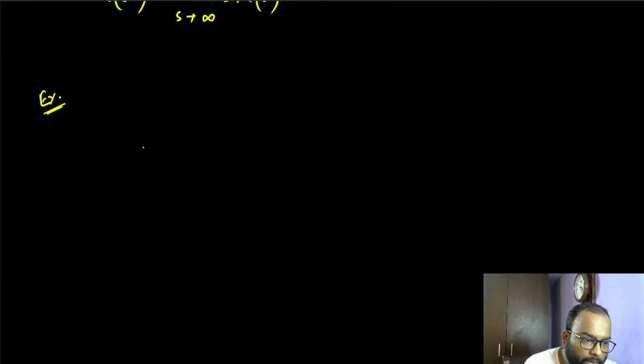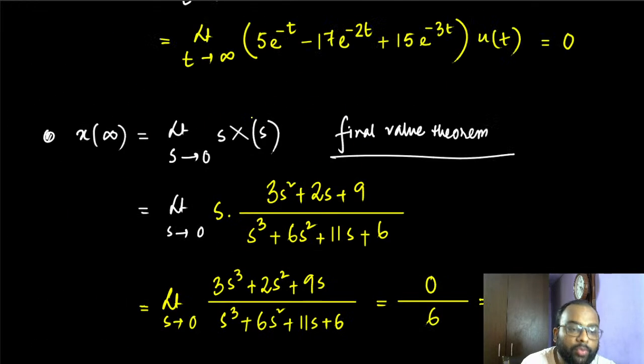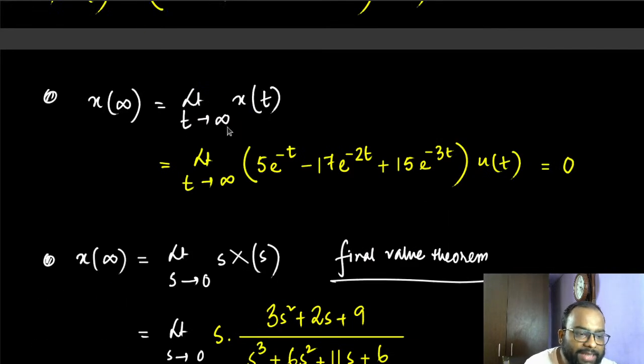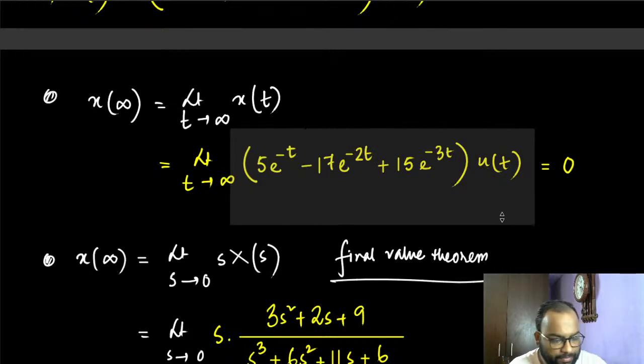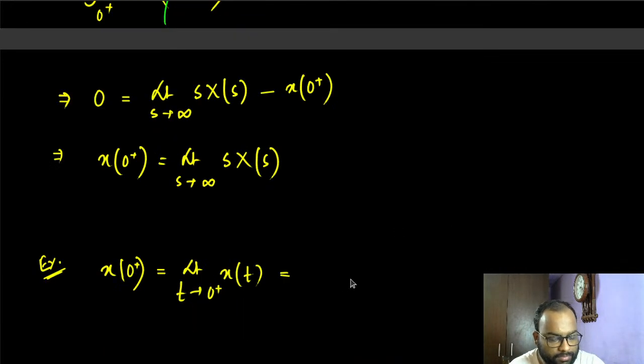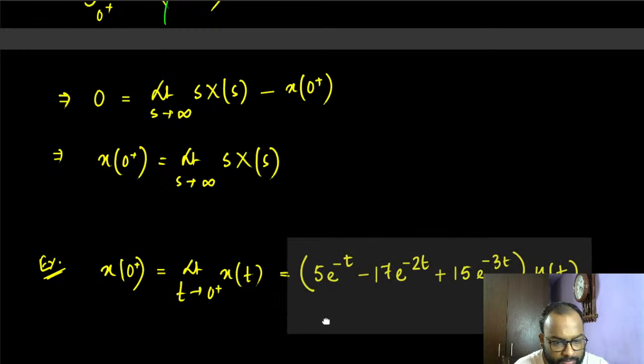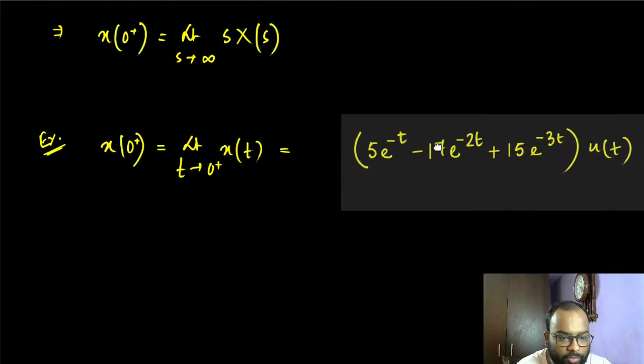So x(0) is nothing but the limit as t tends to 0 plus of x(t), slightly higher than 0. Now of course I have x(t) because we calculated the inverse Laplace transform, so that's x(t). And of course we have to put the limit there.